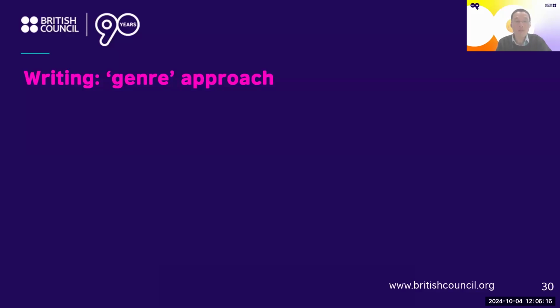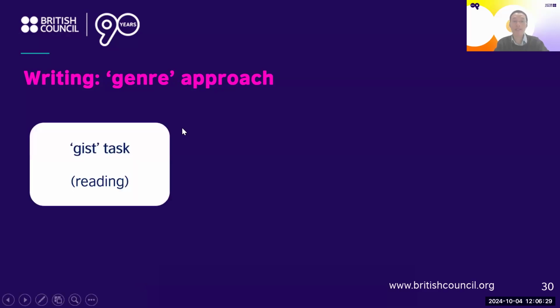Let's say your students are going to write an essay in which they need to agree or disagree with the essay title. That's a type of discursive essay. First, you can give your students a sample essay and set them a just reading task so that they can gain an overall idea of the sample text.